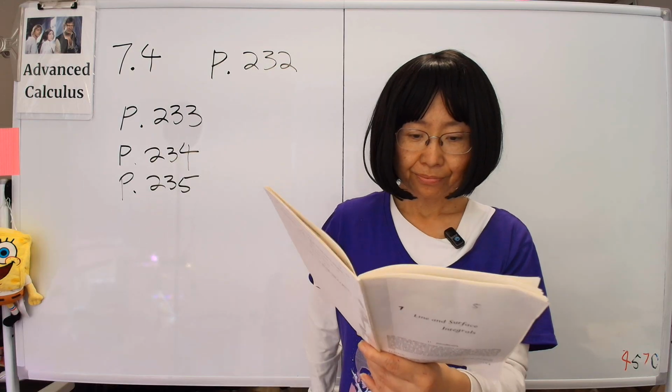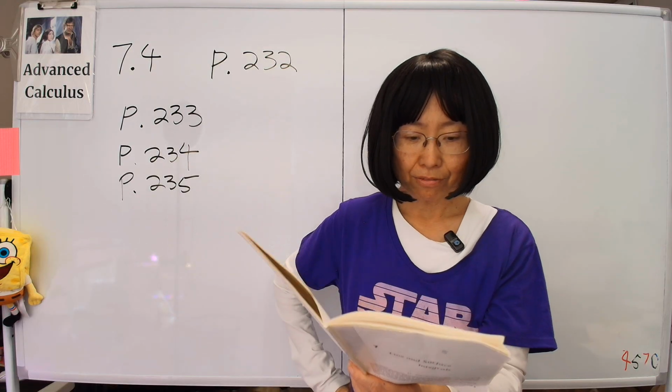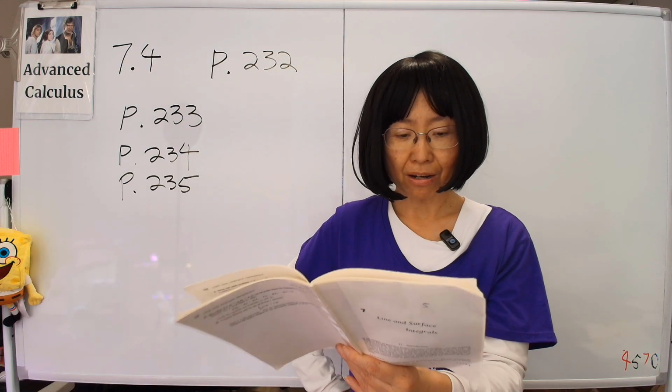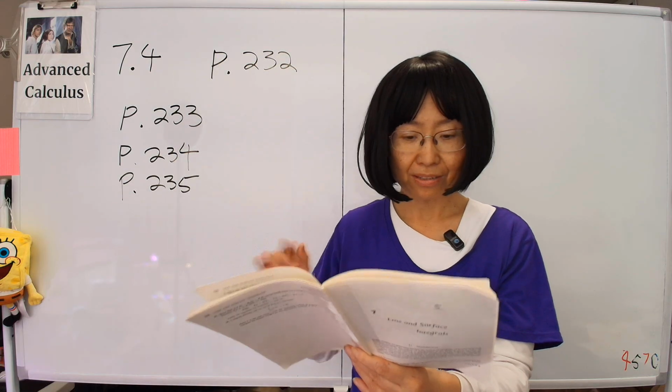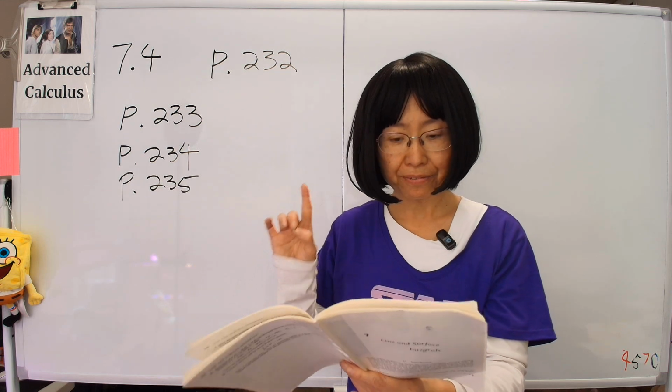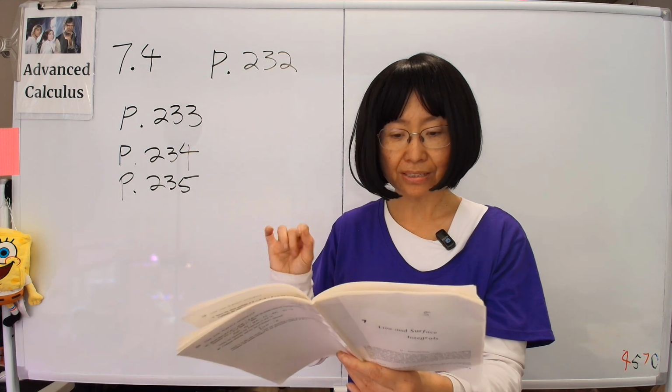Now a surface sigma is denoted as sigma star if it is the boundary of a three-dimensional region V, and it is a region Vxy, Vyz, and Vzx.